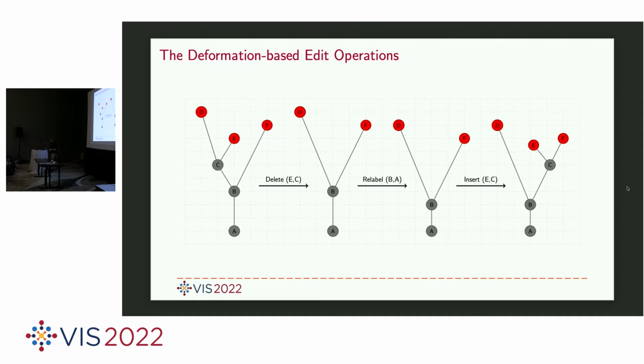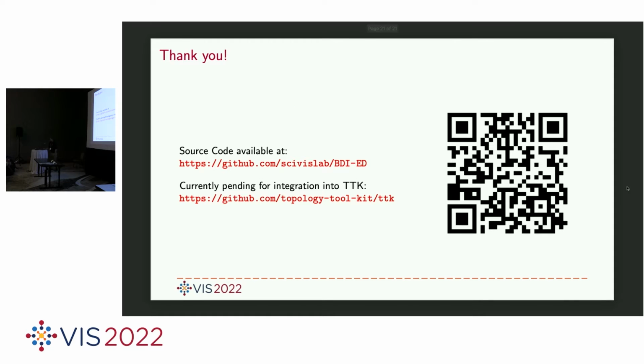In our paper, we define this edit distance, define the equivalent mapping model, and then derive an algorithm from that. We also provide an open source implementation, which is available on GitHub. Currently, our code is pending for integration into the Topology ToolKit, where it will hopefully soon be available. Yeah. Thank you.